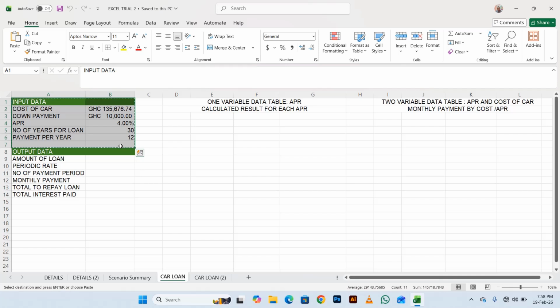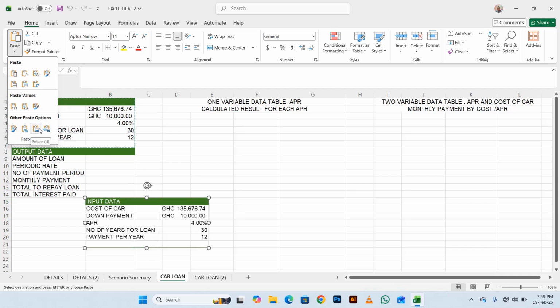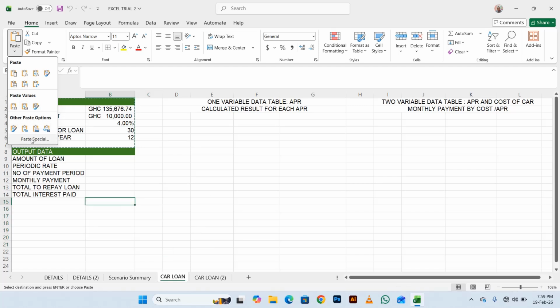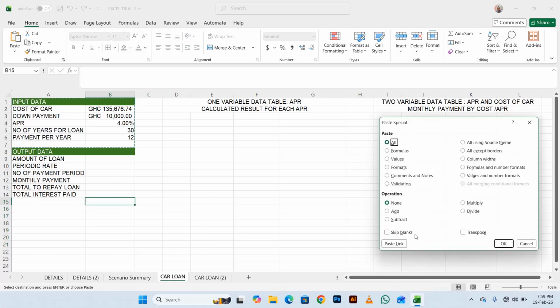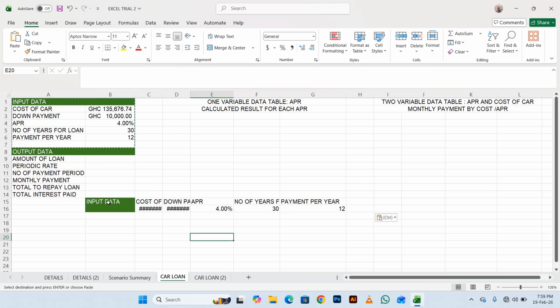Let me do it like this. I want to do something. Oh, where is transpose? Let me see. So the first one that we did, it was like this, where input data will be at the top.